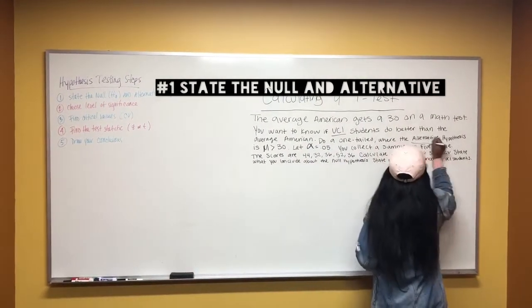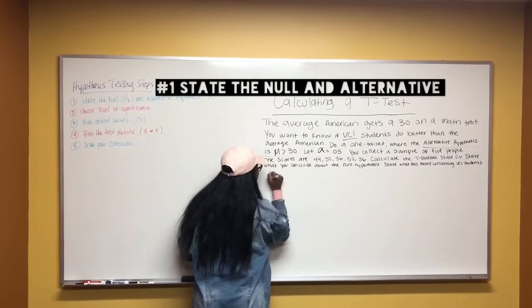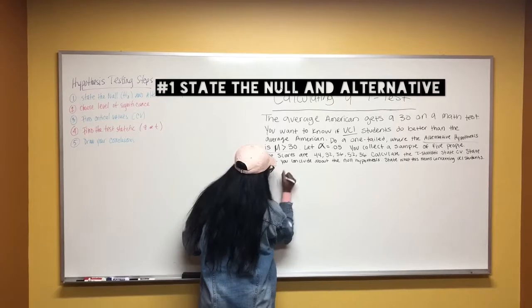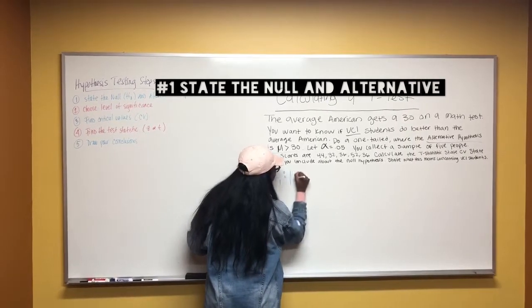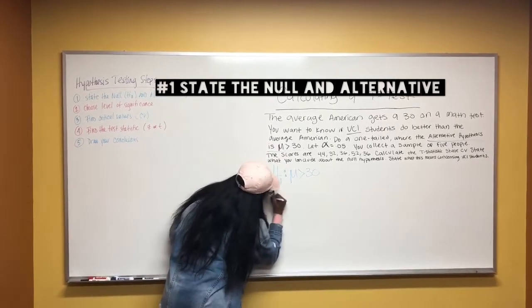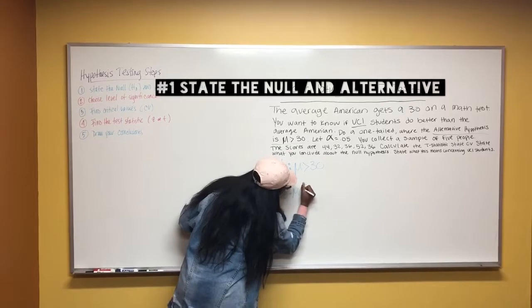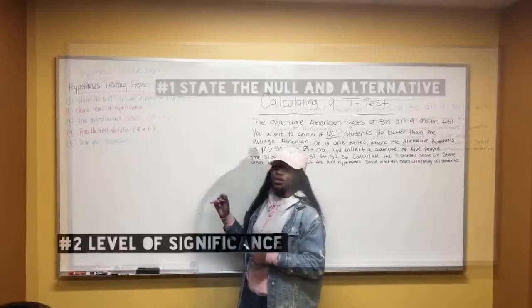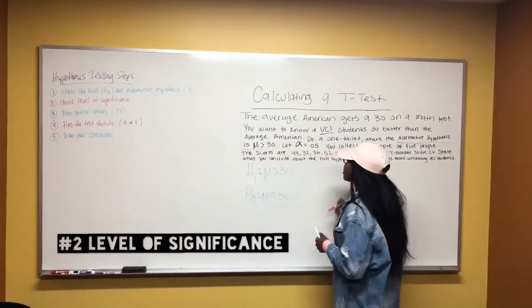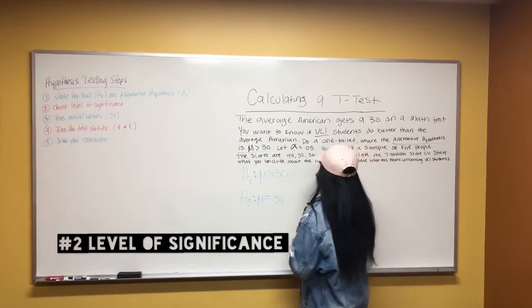According to this, our alternative hypothesis is that mu is greater than 30, and our null hypothesis is that mu is equal to 30. Moving on to step 2, choose our level of significance, which is alpha equal to 0.05.